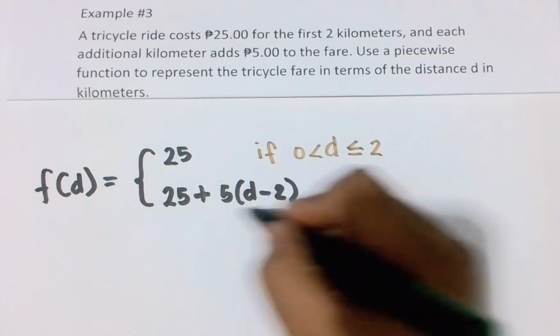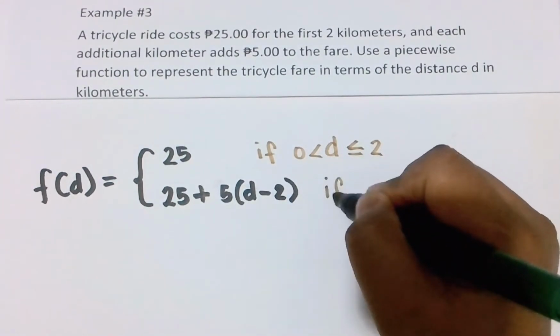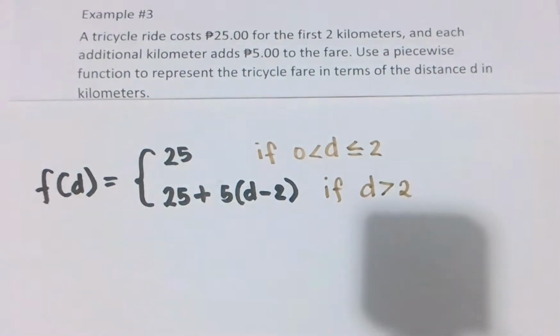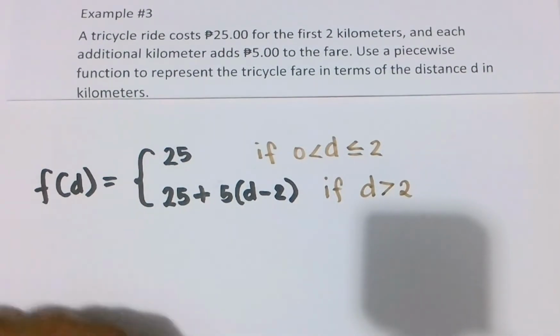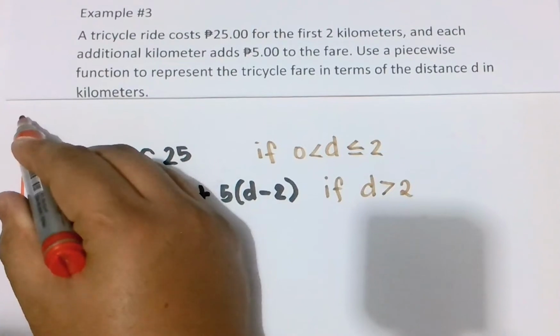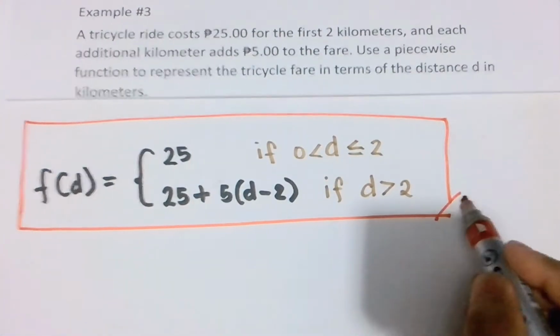So, this formula or this equation is applicable only if D is greater than 2. Okay, meaning 3 kilometers, 4, and so on and so forth. So that is the piecewise function for this given problem, for the third example.